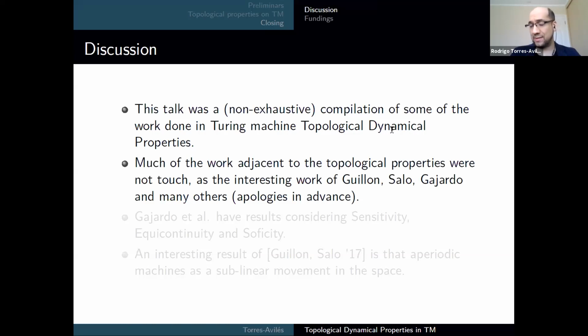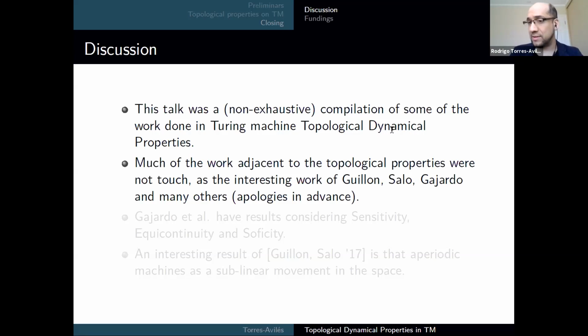And I want to highlight the interesting work of Pierre Guillon, Ville Salo, Ana Gajardo, and many, many other people who have done much rich research adjacent to these topological properties. Apologies in advance to any people I left out of this talk.